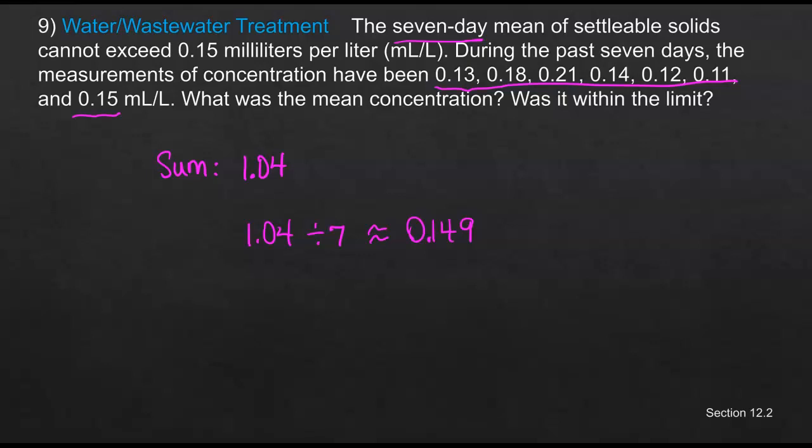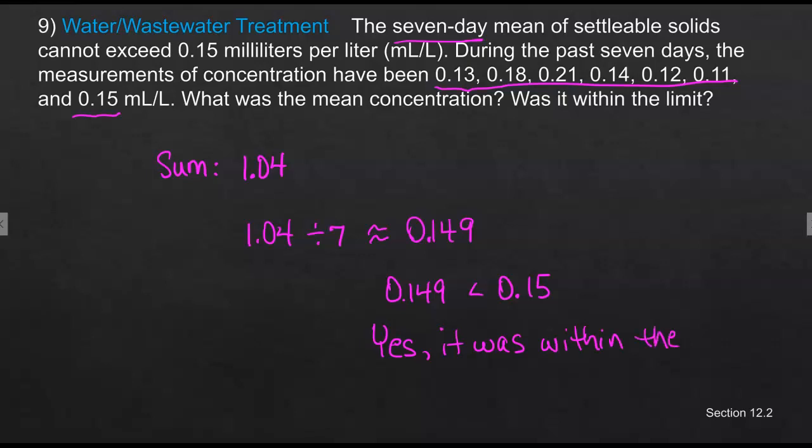And so because 0.149 is less than 0.15, we're going to say yes, it was within the limit. All right. Sometimes you have to watch your rounding on that because it would have made a difference how we did that.